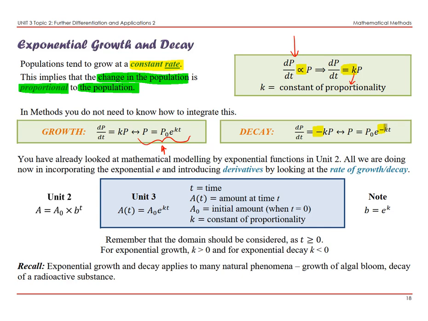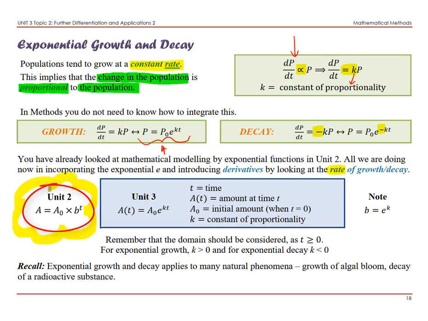Now, we've already looked at mathematical modeling by exponential functions back in Unit 2. All we're doing now is incorporating that exponential e, and we're also going to introduce derivatives by looking at the rate of growth and decay, which we haven't done before. Let's compare. In Unit 2, you should remember what I called the golden formula.